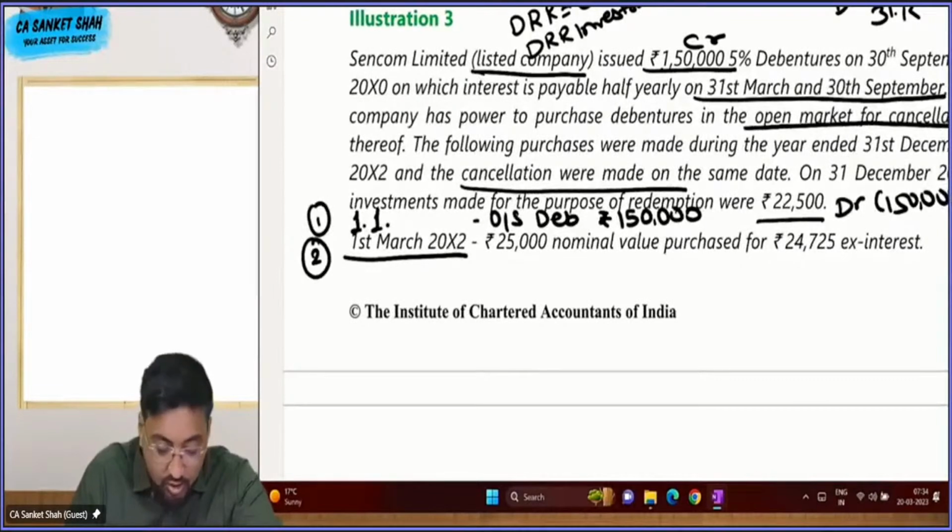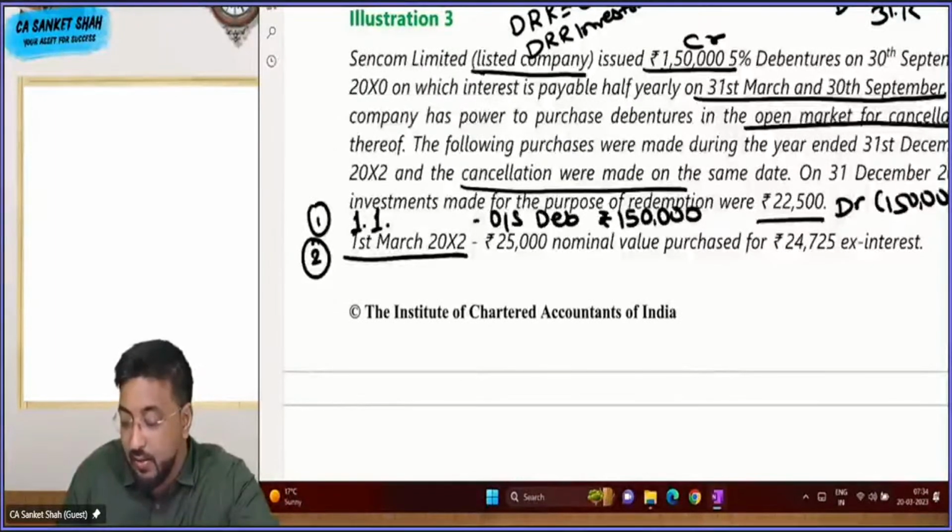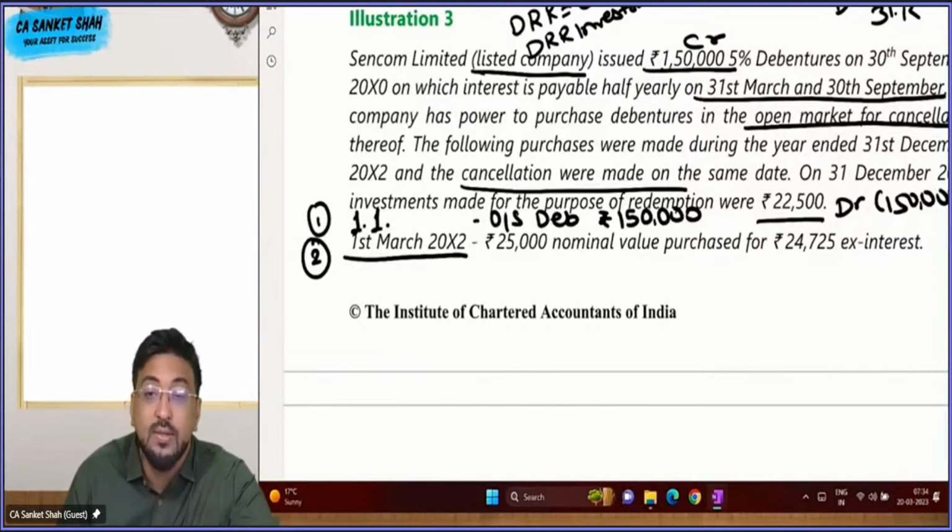Second sequence. On 1st March 2002, nominal value purchased for 24,725 plus interest. Now you only tell me what is the amount of interest, how many months of interest you are going to pay to that previous holder.